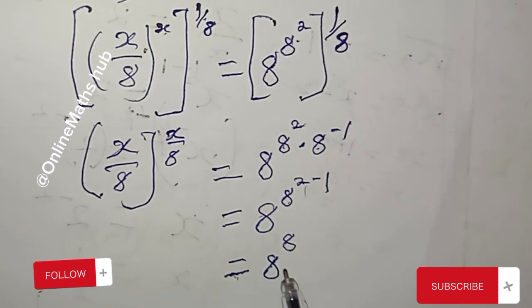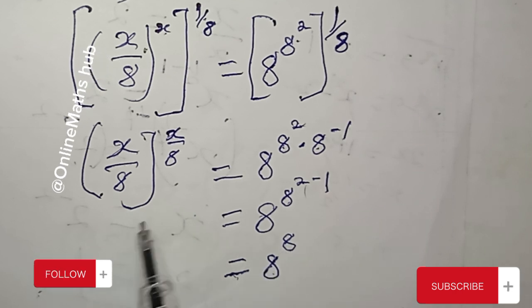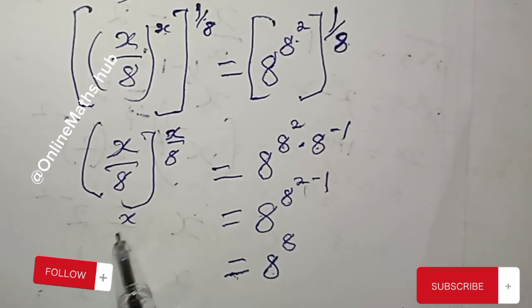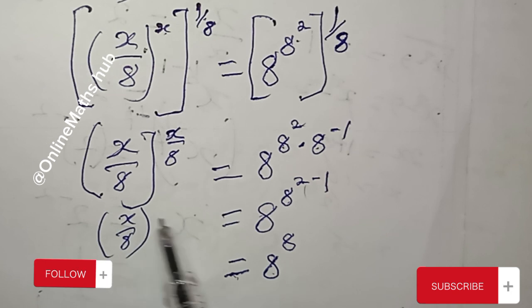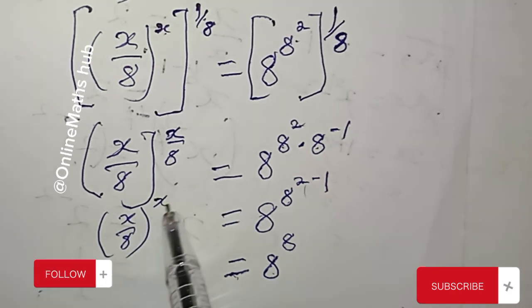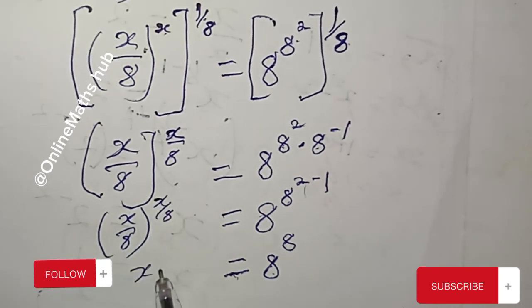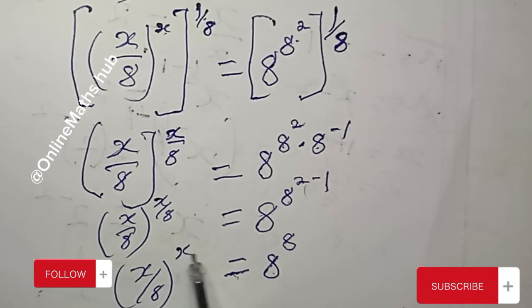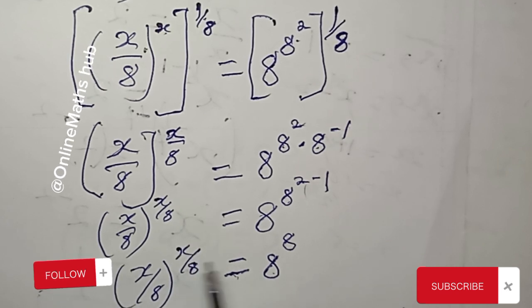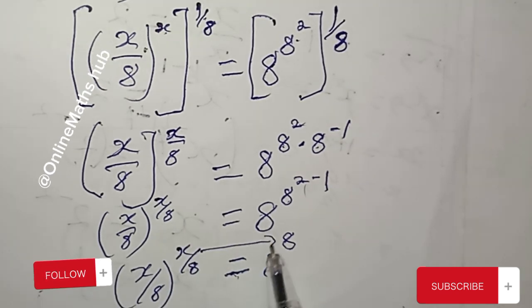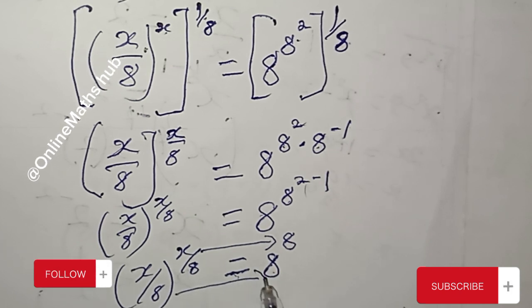So here I have 8 on the right hand side, and on the left hand side I still have x over 8, power x over 8. Now you can see that we can compare these.